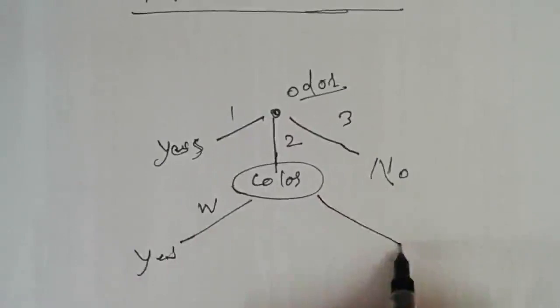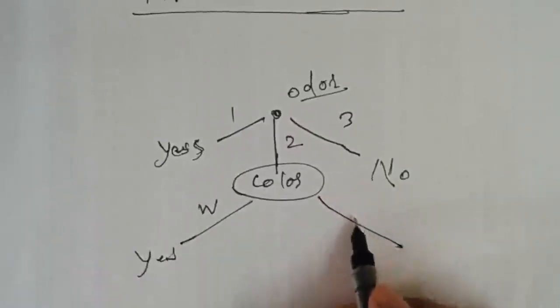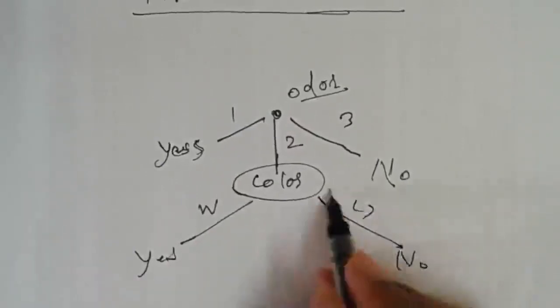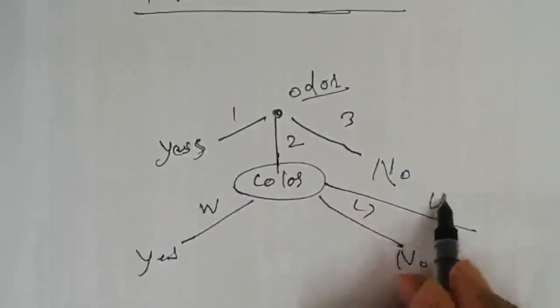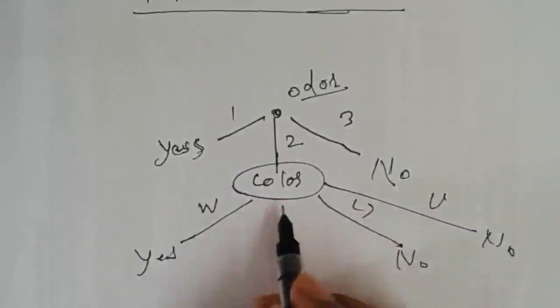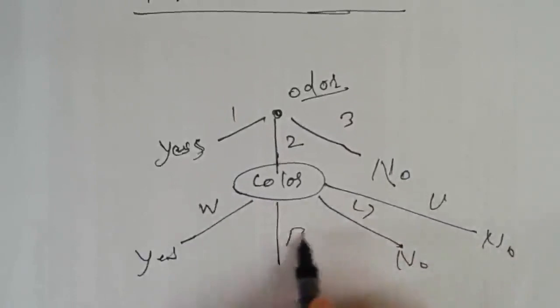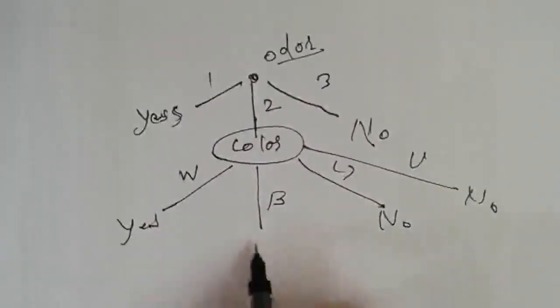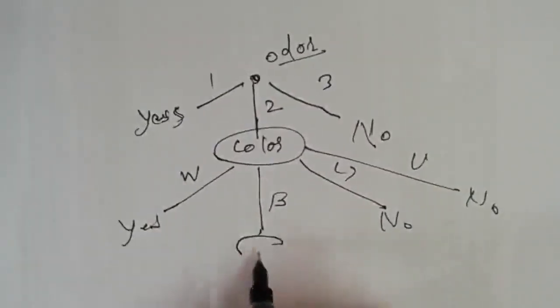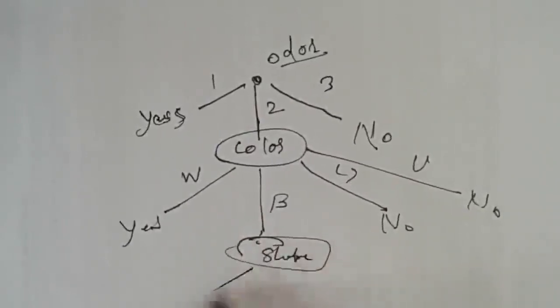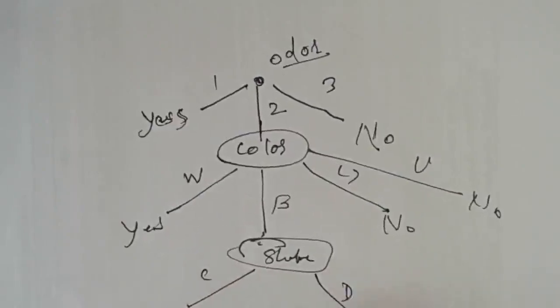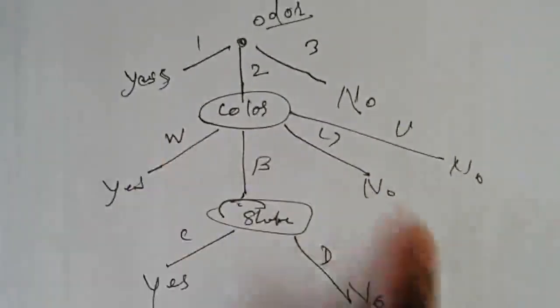If color is equal to green, then it is no. Again if color is equal to U, then it is no. And if color is B, again we have a number of yes and no, then we need another node, shape. If shape is C, it will be yes, and if shape is D, it will be no. This is our final decision tree.